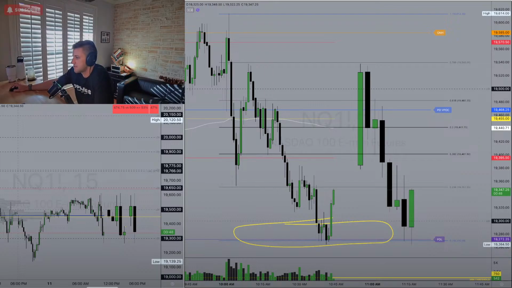Here's a shallow fib, 351. Some intraday structure through there as well.